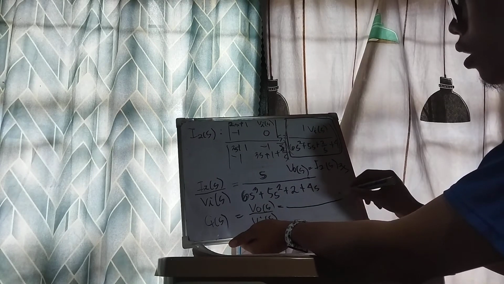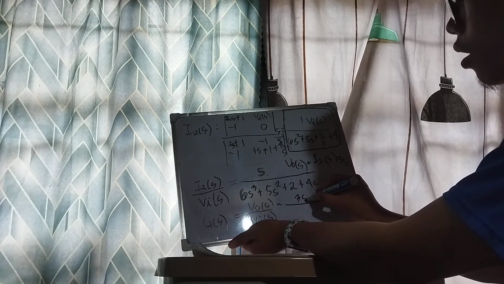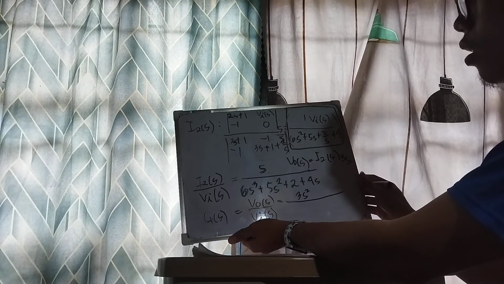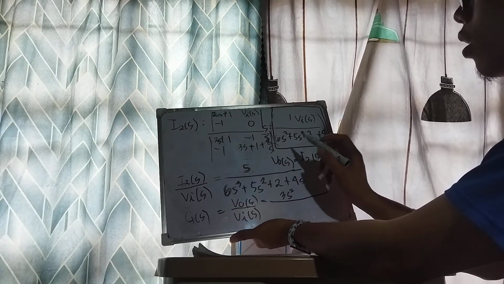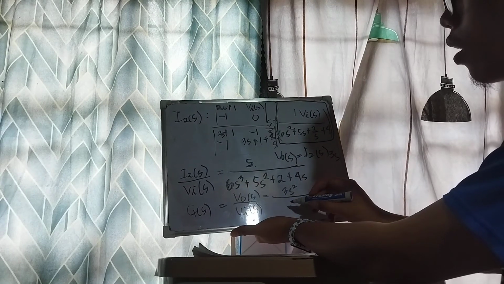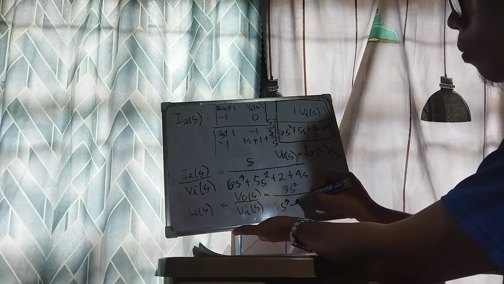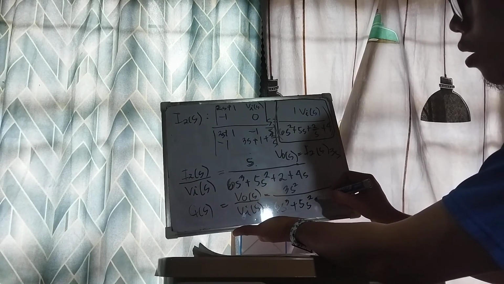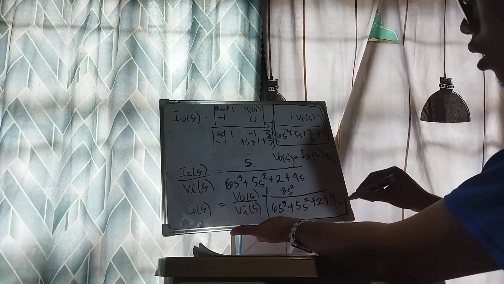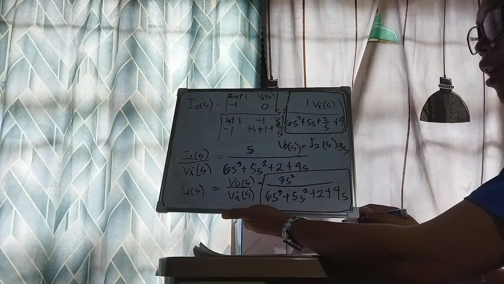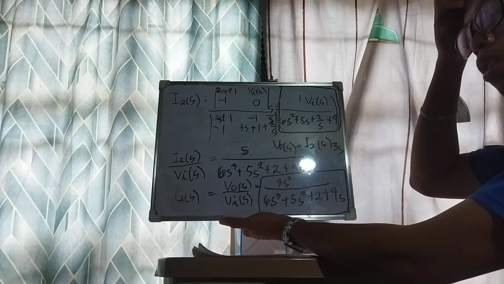Therefore, the numerator is now 3S squared, because 3S times S is equal to 3S squared, as I2 is in relationship with VO of S. And the VI of S is 6S cubed plus 5S squared plus 4S plus 2. So this will be the final result for this network. So thank you.